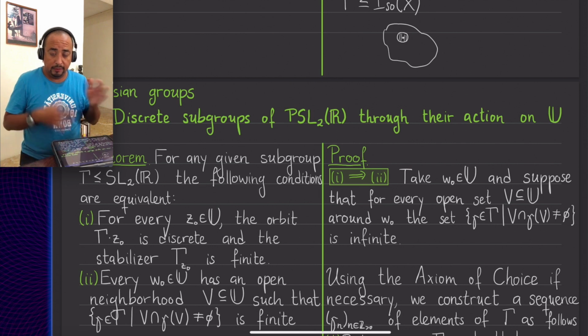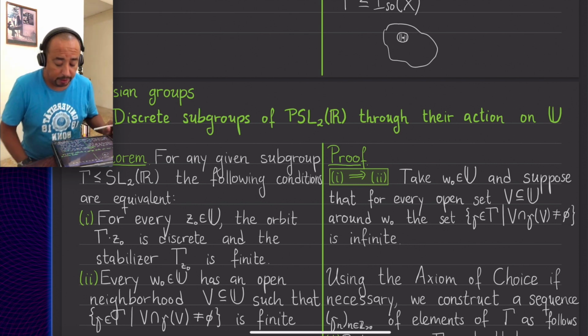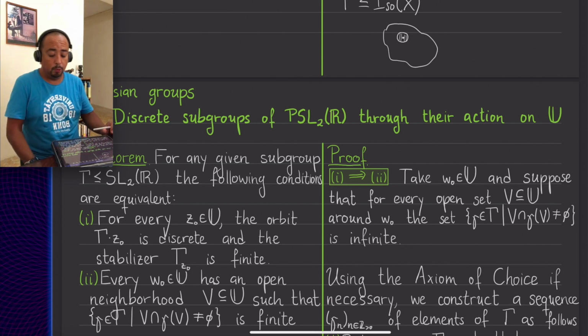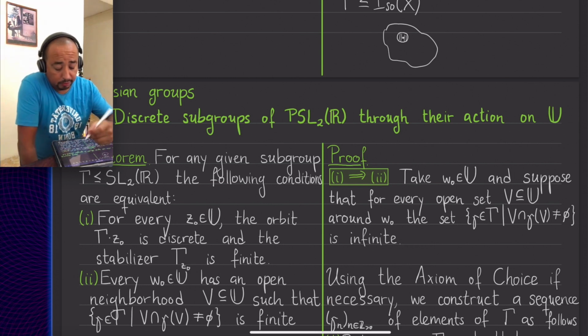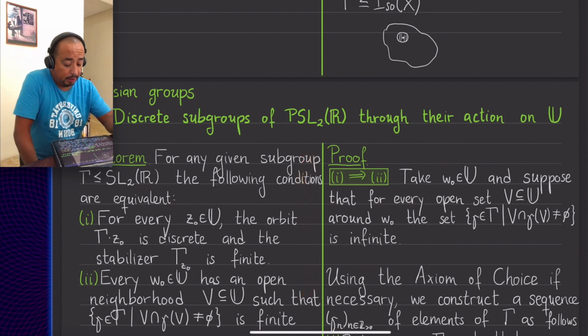Working in SL2R or in PSL2R, at least in this case of the upper half plane, is really irrelevant. But let's prove this theorem.